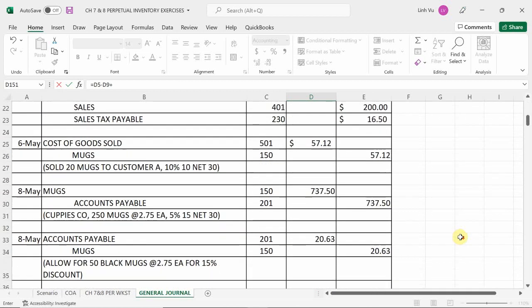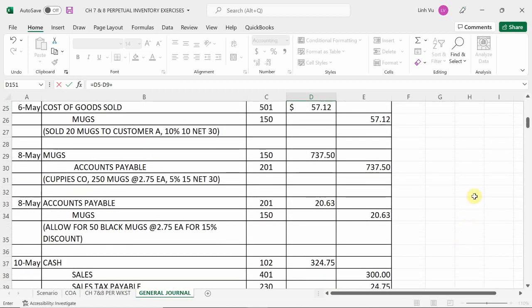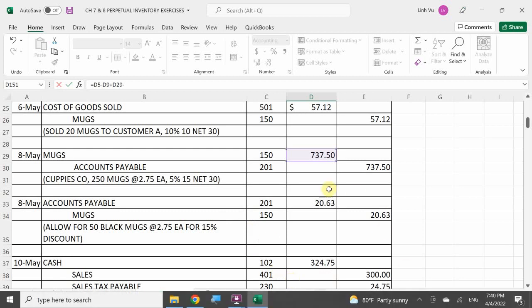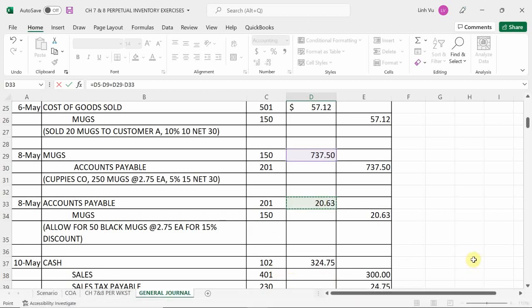However, on May 8th, I end up purchasing another one, which increased my account by $737.50, but I end up getting a discount of $20.63.